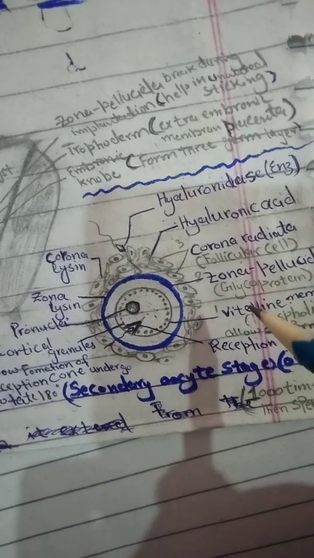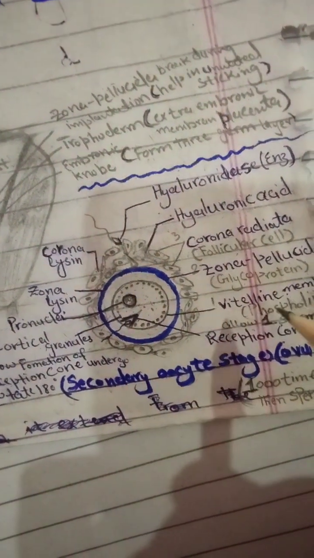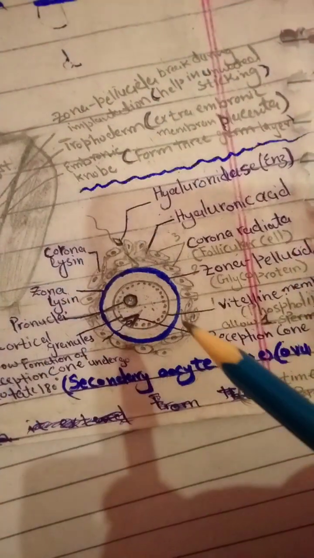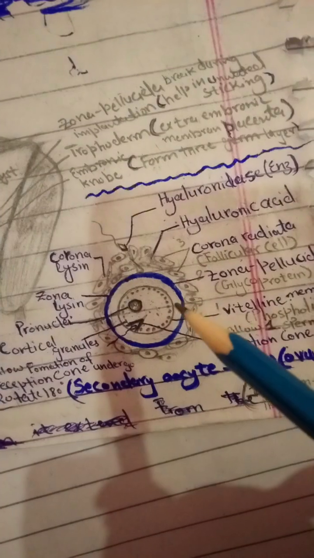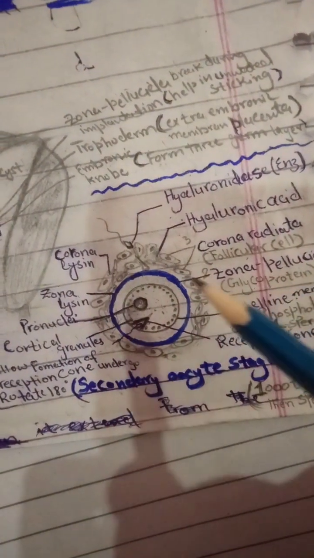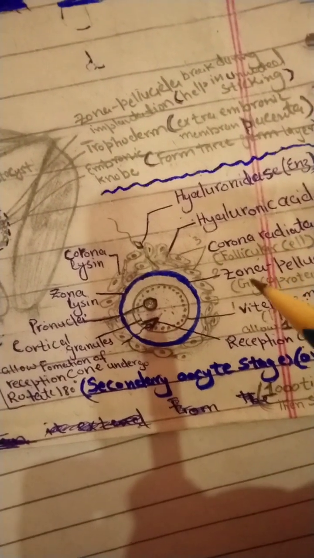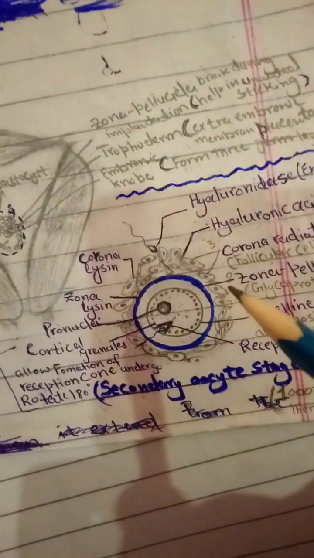The function of these three membranes is that the vitelline membrane only allows one sperm for fertilization, and the zona pellucida prevents the unwanted sticking of the zygote.